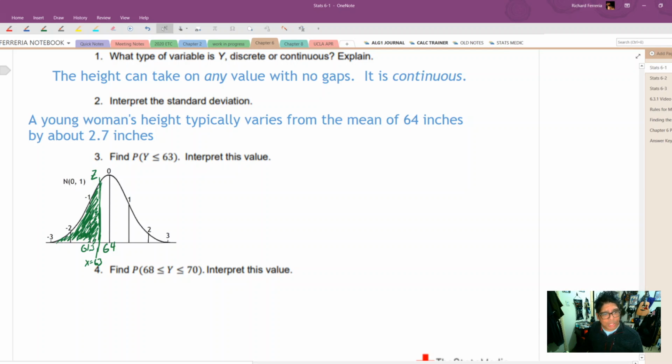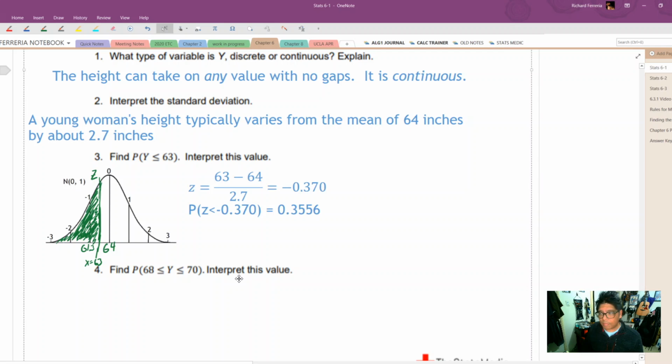After we've shaded our normal curve, we're going to put our equations together. In this case, we know the z-score is going to be 63 minus 64 over 2.7, which is negative 0.370. And then next, we're going to find that probability using our calculator, and we get 0.3556.